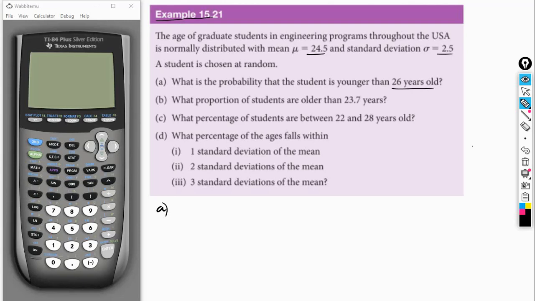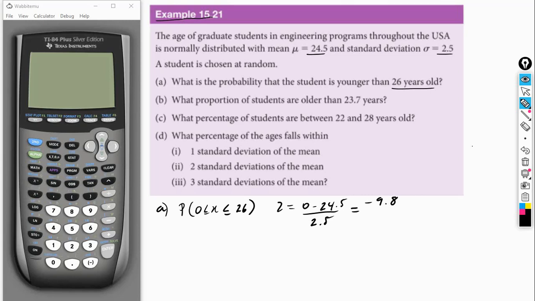Now, the probability that a student is younger than 26 years old means the probability that the student's age is more than 0 and less than or equal to 26 years of age. But we're going to use standardization. So for 0, the z-score is going to be 0 minus 24.5 divided by 2.5, and this is going to give us negative 9.8.